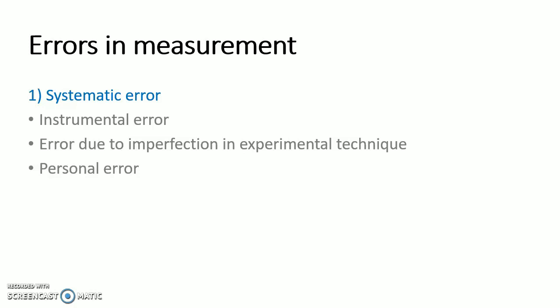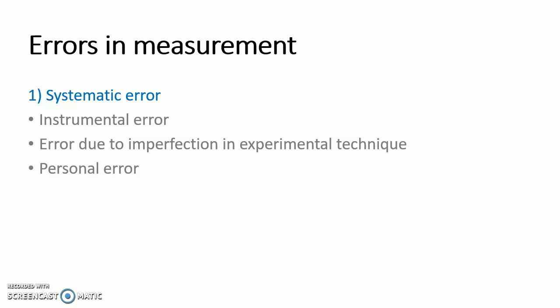If the observer looks at it from an angle, the measured length will be wrong due to parallax. Such kind of error due to the fault of the observer is called personal error. So all of these three errors come under systematic errors because all of these errors can be eliminated.